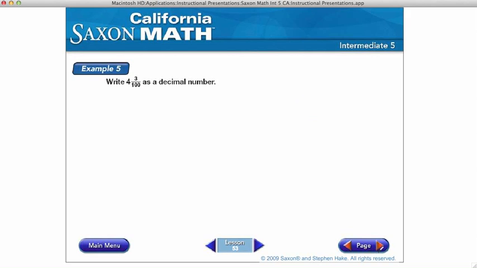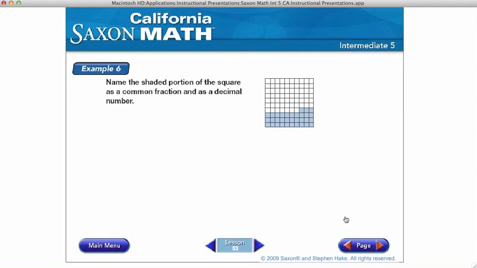All right, last example. Name the shaded portion of the square as a common fraction and as a decimal number. Okay, so if I'm taking a look at this, here I have 10, 20, 30, 31, 32, 33, 100ths out of 100.